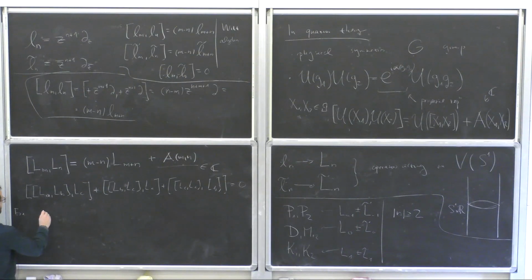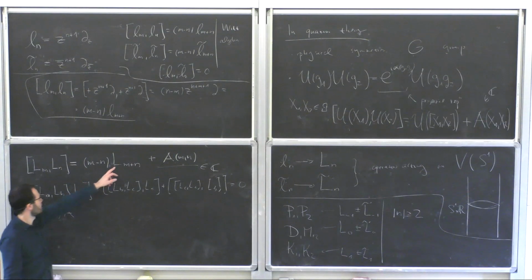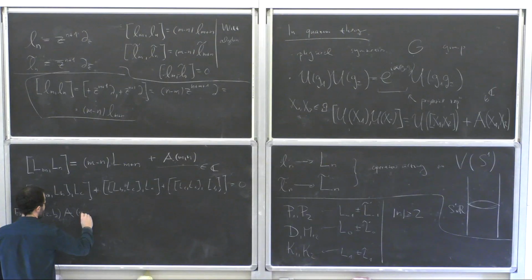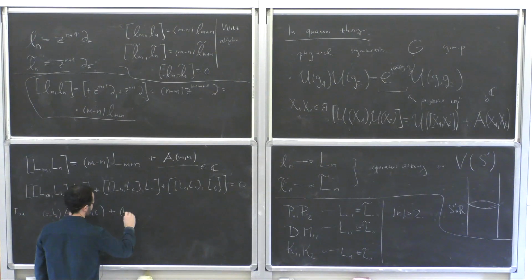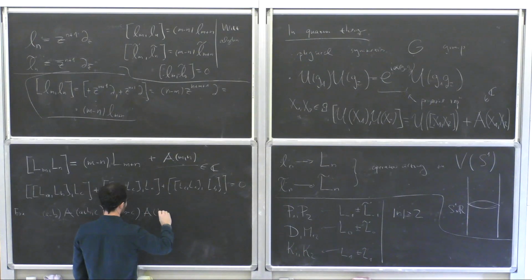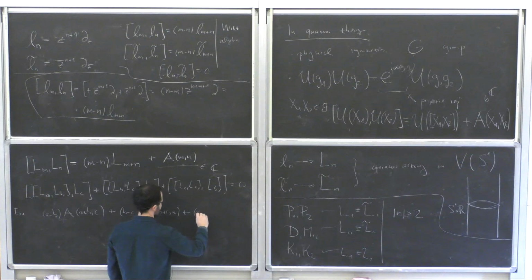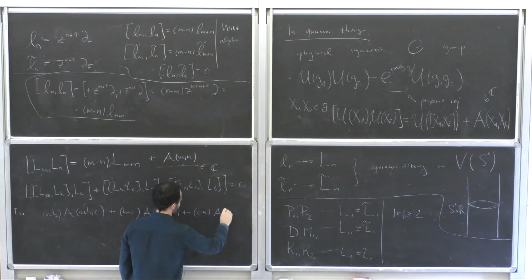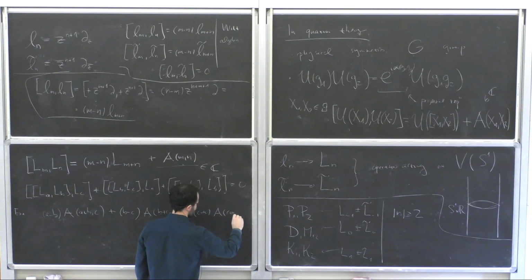You find (A minus B) A(A plus B, C) plus (B minus C) A(B plus C, A) plus (C minus A) A(C plus A, B) equal to 0.